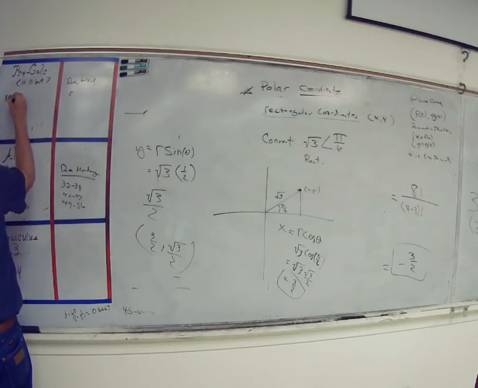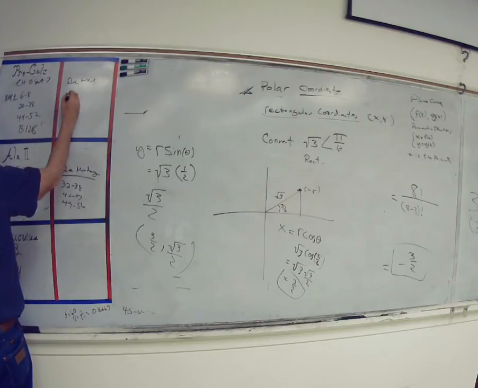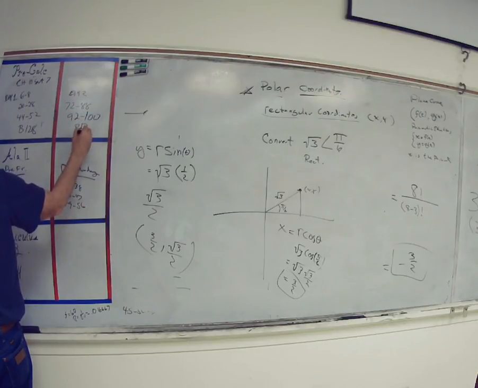The day 1 homework is 6 through 8, 20 through 28, 44 through 52, and the bonus is 128. And then day 2 is 72 through 88, 92 through 100, and the bonus is 134.